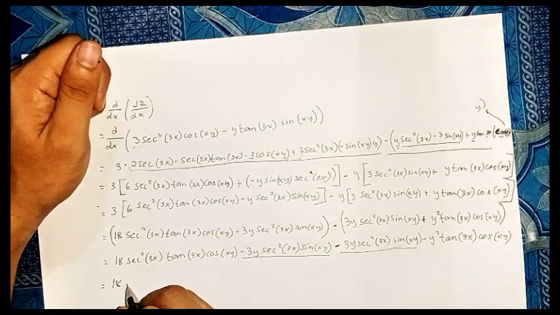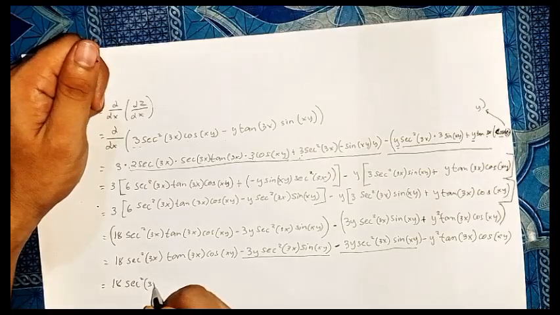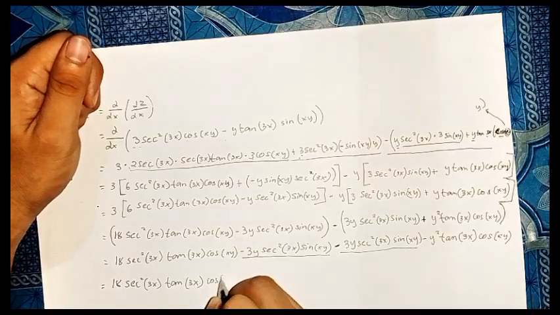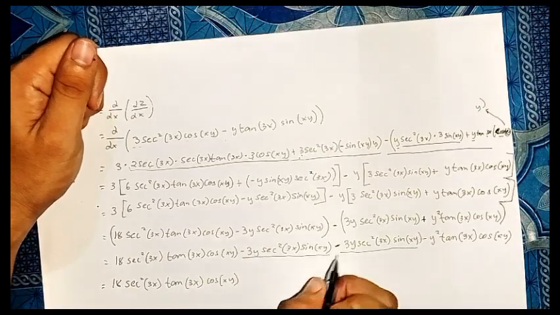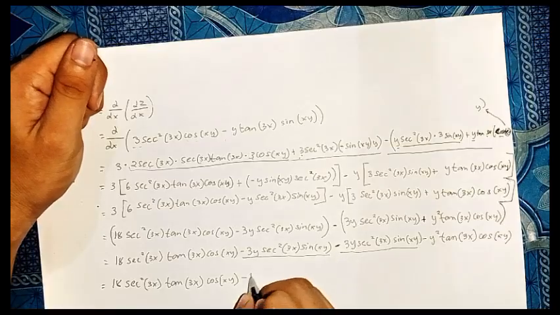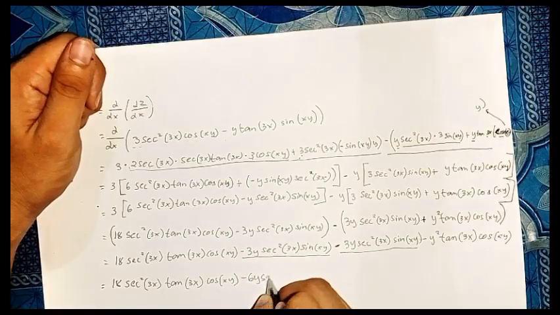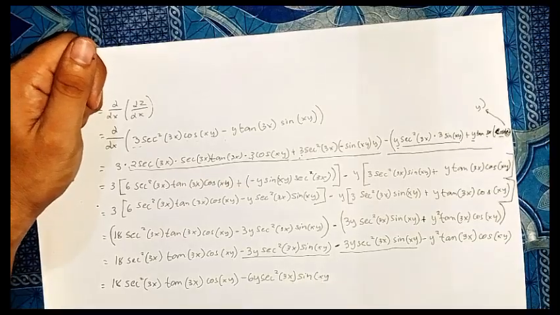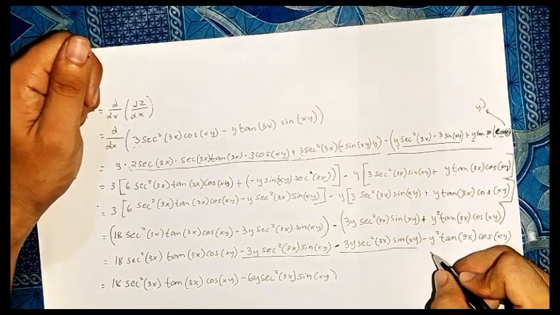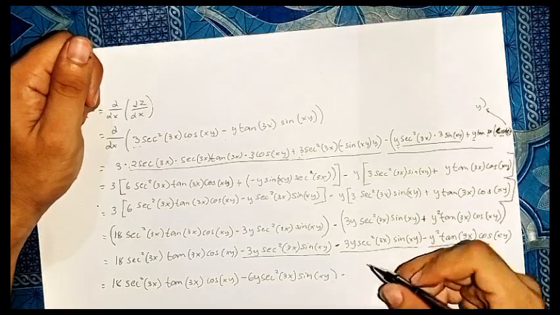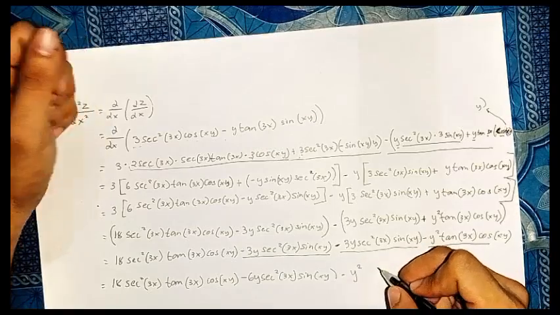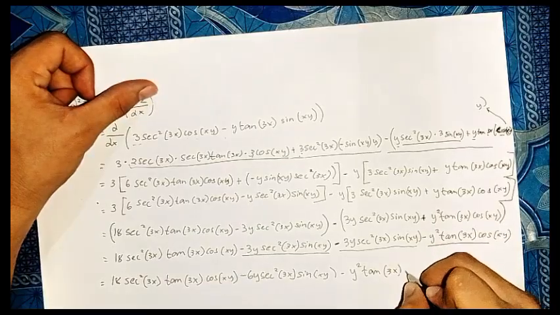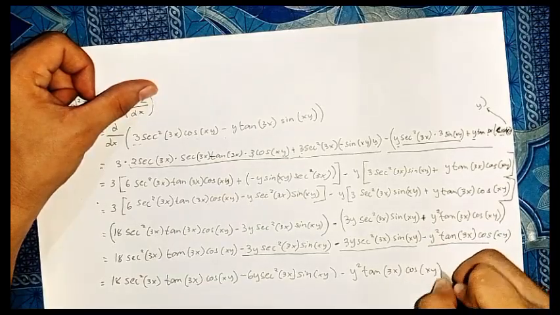So 18 secant squared 3x tan 3x cosine xy, negative 3 plus negative 3, so we have negative 6y secant squared 3x sine xy minus y squared tan 3x cosine xy.